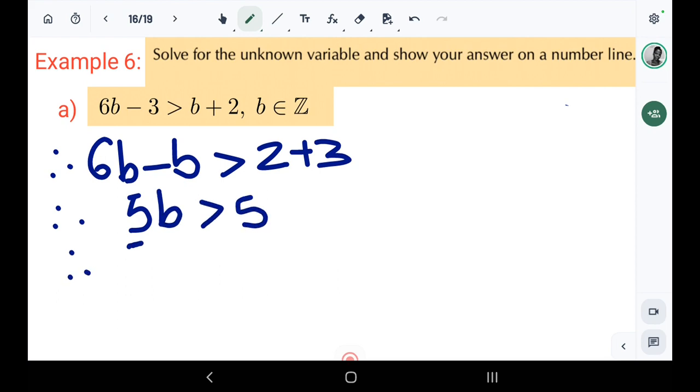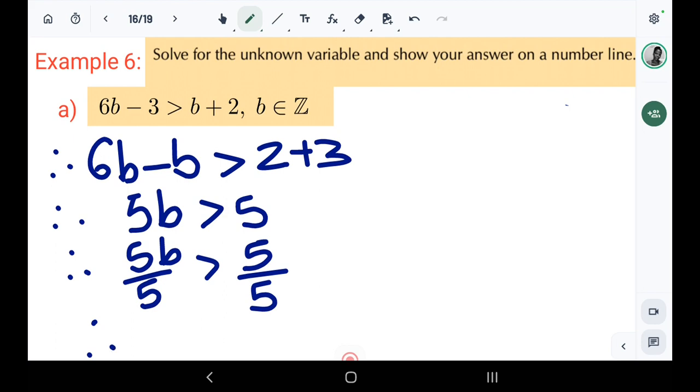Now divide both sides by 5 to get rid of the 5 on the left-hand side, so we have b on its own. On the left-hand side, the 5s cancel, giving you 1. Now therefore, b is greater than 1.